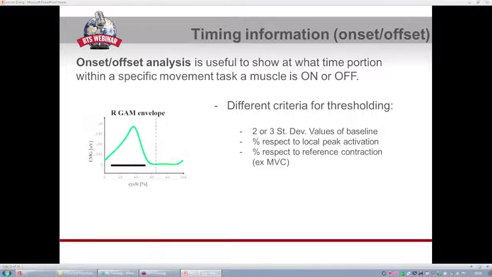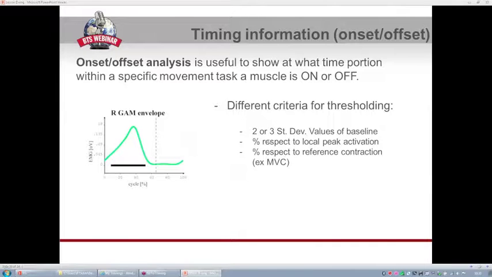Then we will apply a multiplication factor to this range, and a factor of 2 or 3 will be considered. So when the muscle activity exceeds the defined threshold value, so for example, it exceeds the double or the triple standard deviation range, the muscle will be defined to be on or active. So I'm going to show later a very easy example about how to do that.